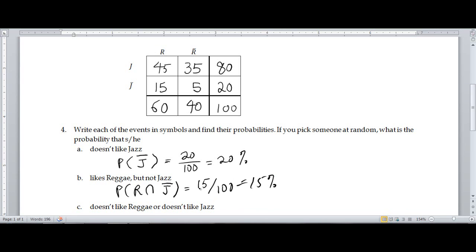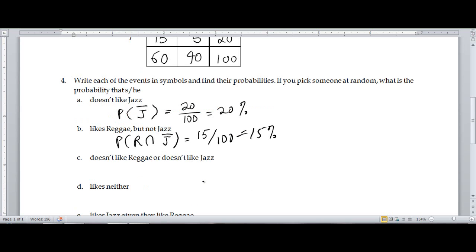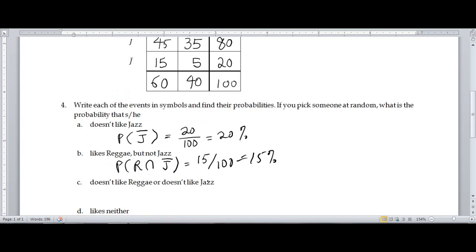How many people don't like reggae or don't like jazz? So for that, I have to do don't like reggae, or, remember this is the symbol for or, don't like jazz. So you can use the formula, probability of not liking reggae, so the probability of the first thing plus the probability of the second thing minus the probability of both. Let me do that here.